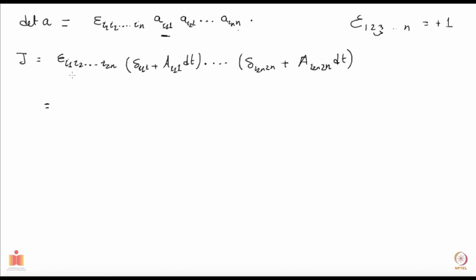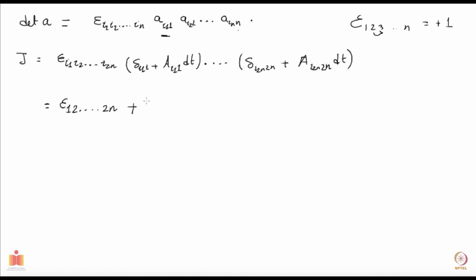These deltas force I1 to be 1, so it becomes epsilon 1, then I2 is forced to 2, and similarly I2n is forced to be 2n. So one term you get is epsilon 1 2 and so forth up to 2n. That's the term without any dt.